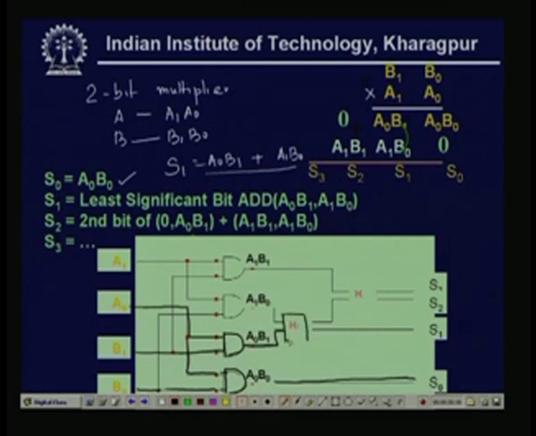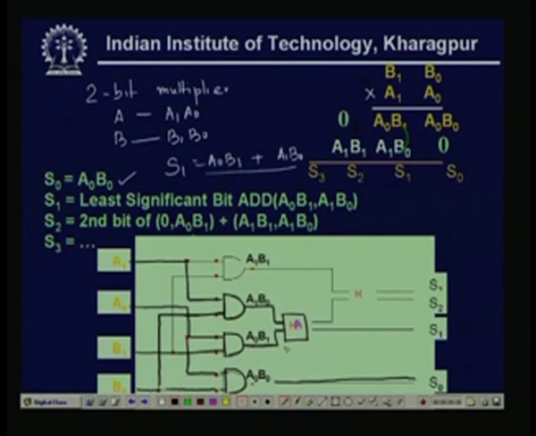Now, this is one half adder module whose two inputs are A0 B1 and the other is A1 B0. A1 B0 is the output of one AND gate whose inputs are A1 and B0 itself.